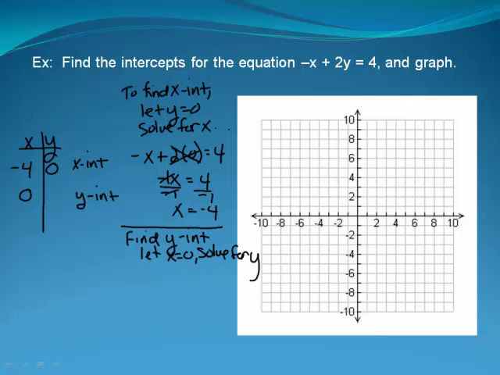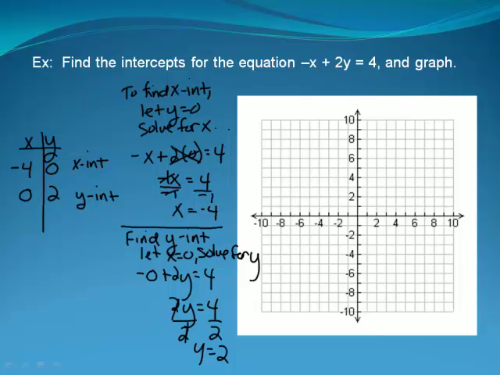Okay, so let's do that. So we've got negative 0 plus 2y is equal to 4. Negative 0 and positive 0 is just 0. So we've got 2y is equal to 4. And if we divide both sides by 2, y is equal to 2. So when x is 0, y is 2.